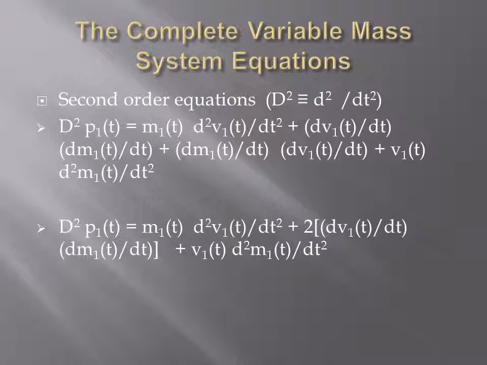And so we see that in this result we have a term that appears twice, the derivative of velocity times the derivative of mass. We can combine these two terms and get our final result, which is something like a quadratic equation, where we have the mass times the second derivative of velocity plus 2 times the derivative of velocity times the derivative of mass plus the velocity times the second derivative of mass. This is a quadratic form.